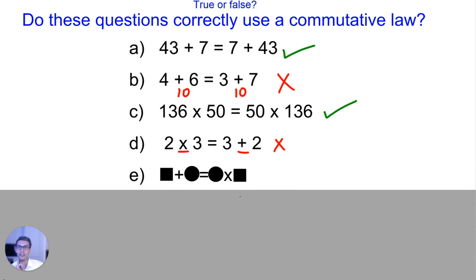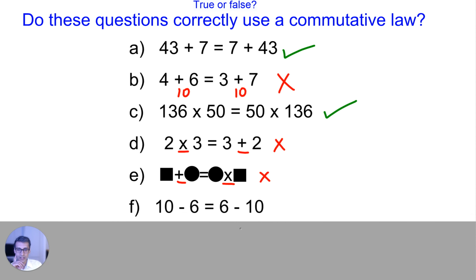How about E? True or false? So this is actually quite similar to the previous question. The operation doesn't match, so this is not the commutative law. How about F?